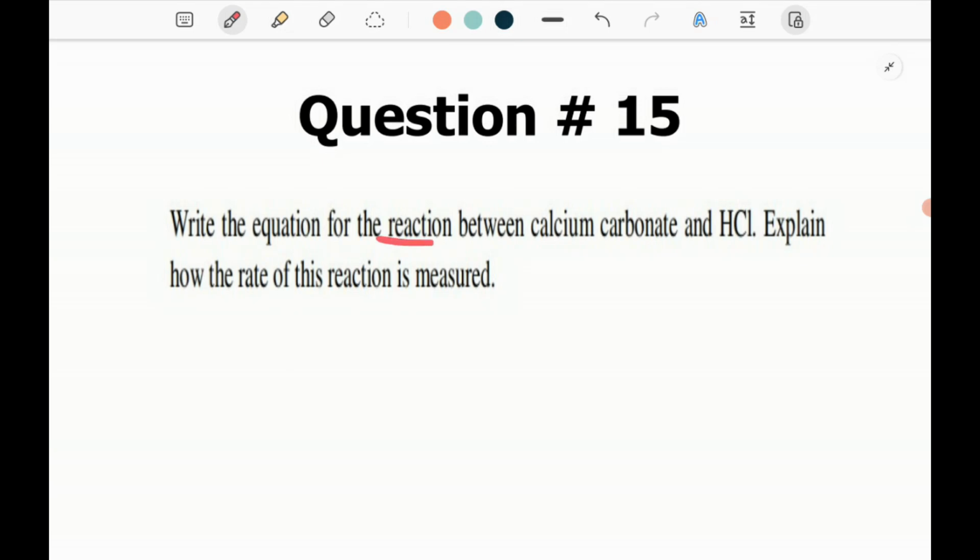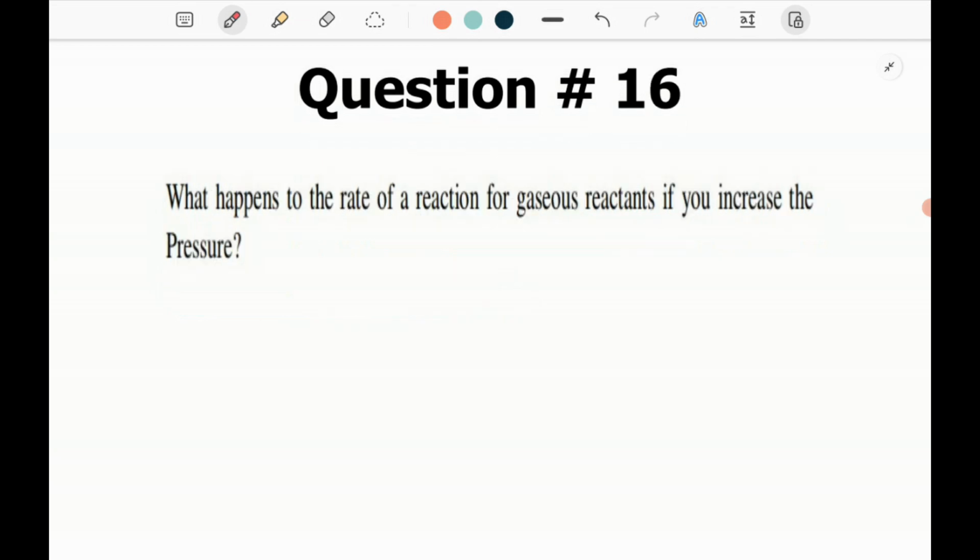Write the equation for the reaction between calcium carbonate and hydrogen chloride and explain how the rate of this reaction is measured. What happens to the rate of reaction for gaseous reactants if you increase the pressure?